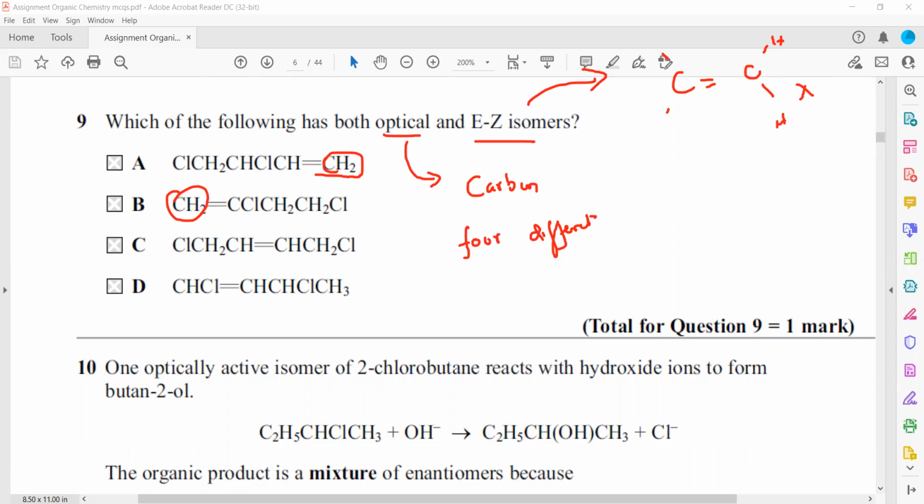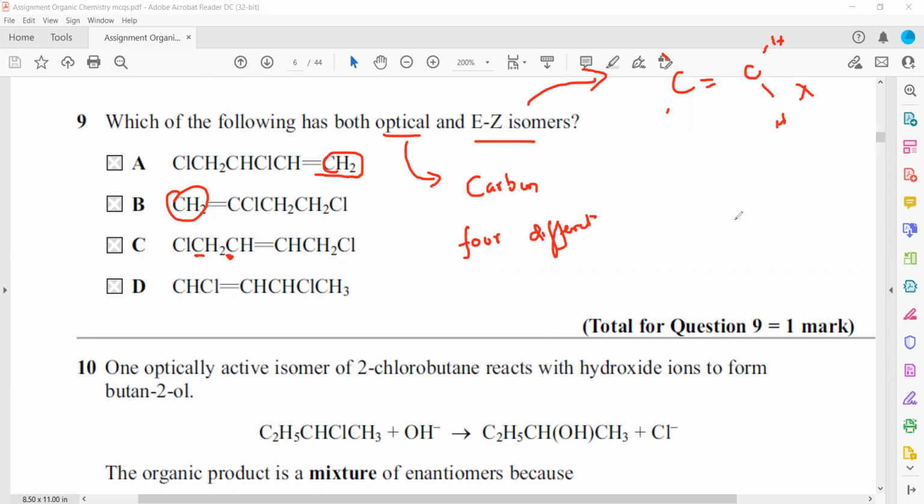Now in C and D, we have to check which one has carbon atoms bonded with different types of atoms. All the groups should be different. So when we check option C, this carbon has two hydrogens, so this cannot be a chiral carbon, because there should be four different groups.